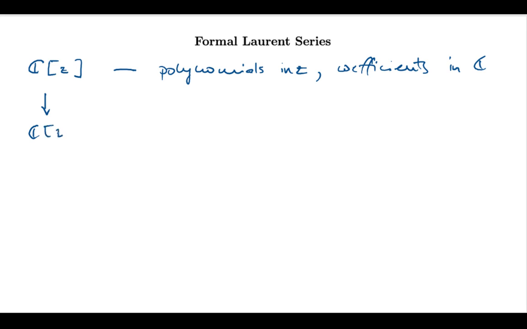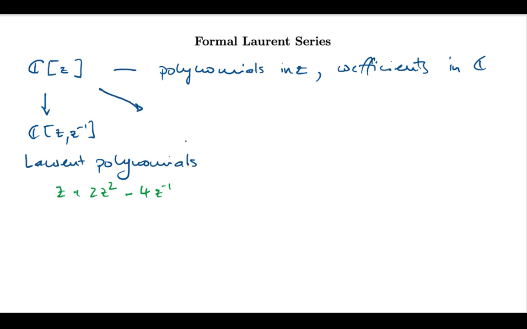I can look at all polynomials in the variable z and z inverse. So these are called Laurent polynomials. So for example, something like z plus 2z squared minus 4 z inverse is in here.